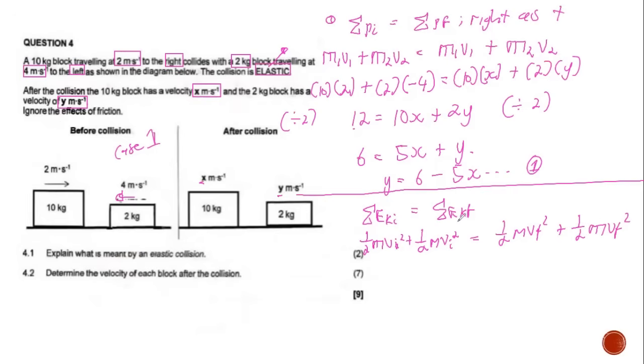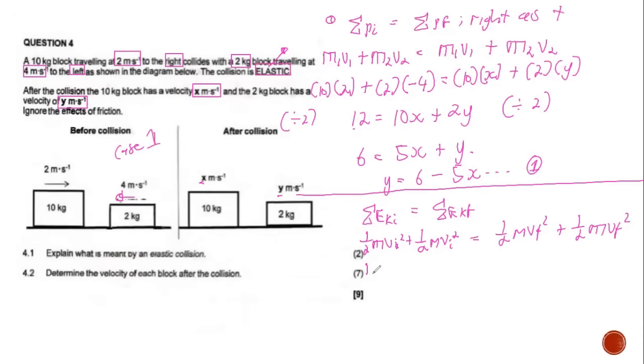Now, the reason I'm calculating side by side is because I already know that it's elastic. Remember, I'm not trying to prove whether it's elastic. I was told that it's elastic. So it is acceptable for me to calculate side by side because I'm not trying to prove, I already know.